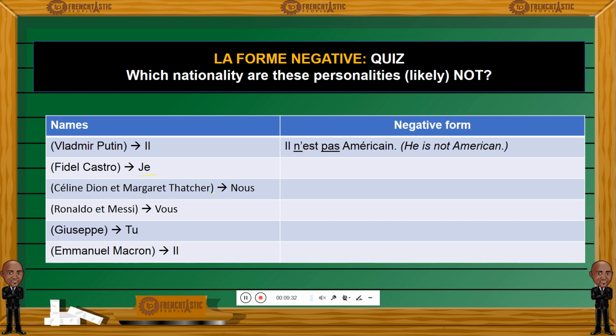Okay. Ronaldo et Messi, those two great football players. So vous, you, and make a sentence in the negative form using vous and a nationality. Giuseppe, I think this is an Italian name. Giuseppe, tu. Emmanuel Macron, il.